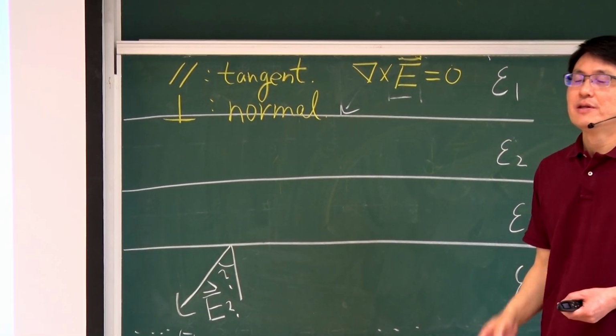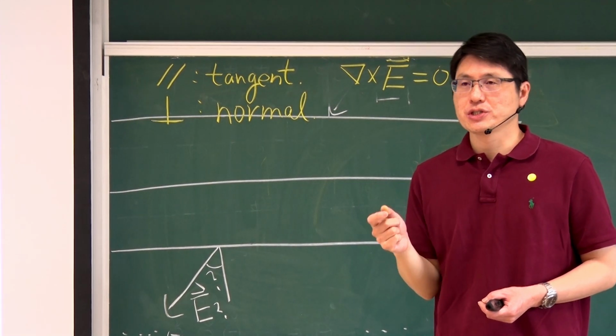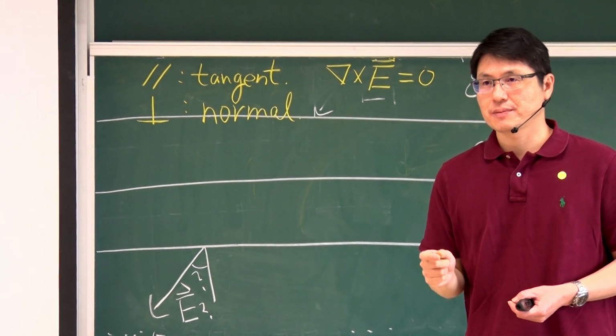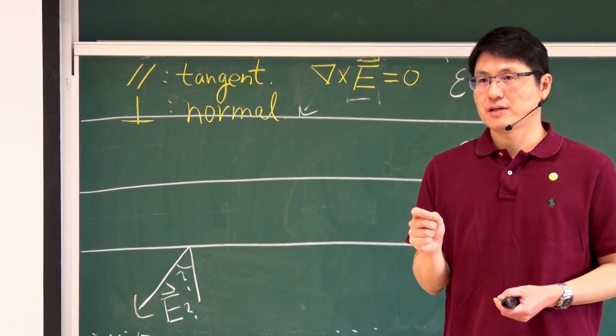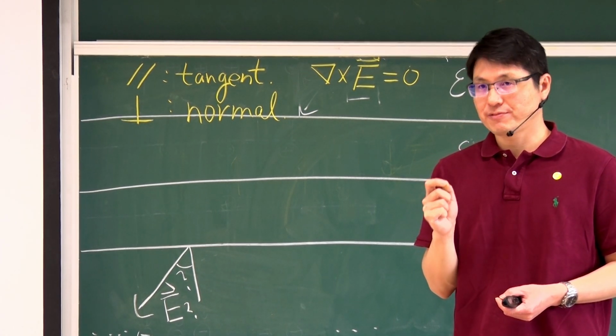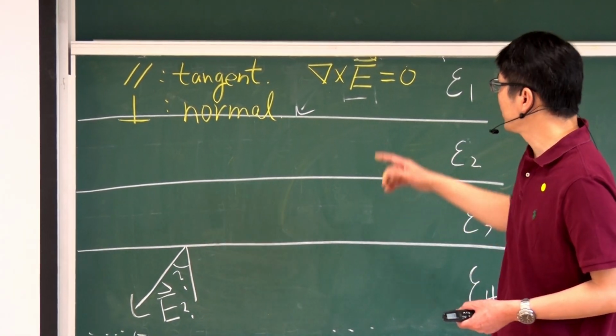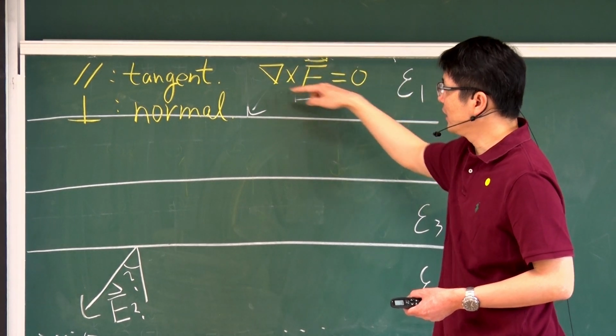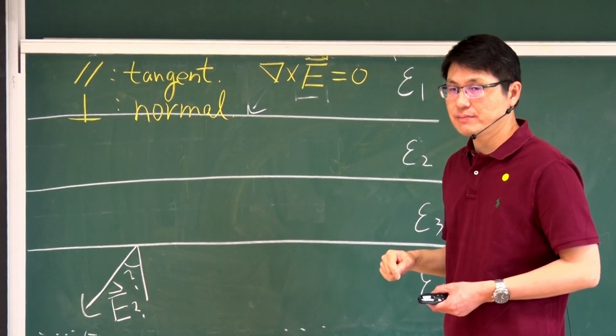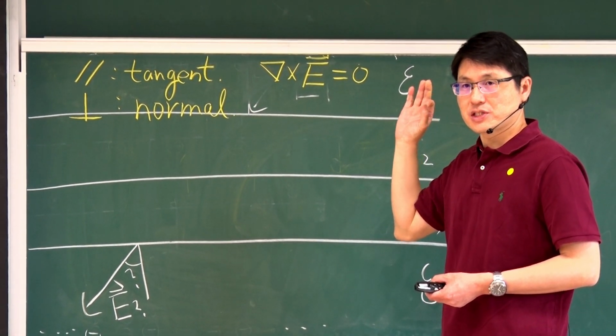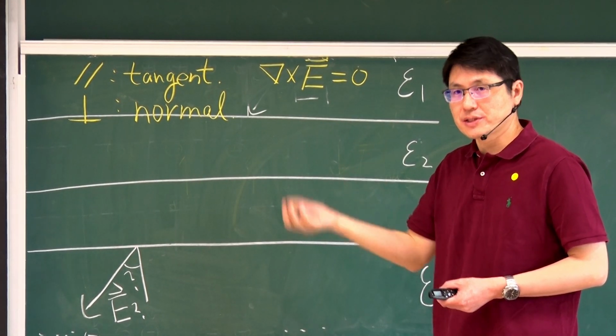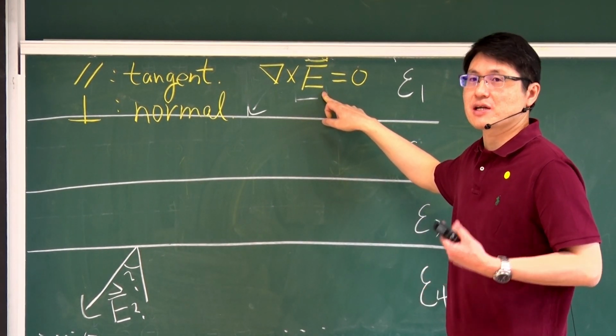Okay. The very first fundamental postulate assumes E fields are conserved fields. Therefore, when you make a closed loop integration, it's 0. It's also saying that the E field is conserved.